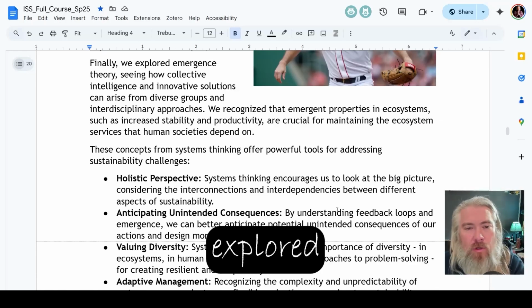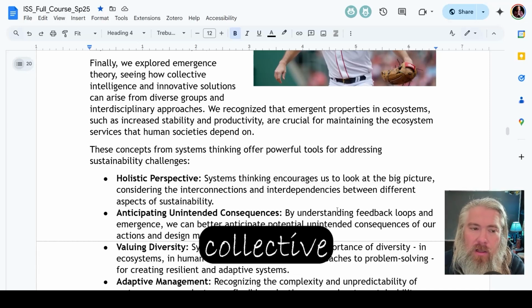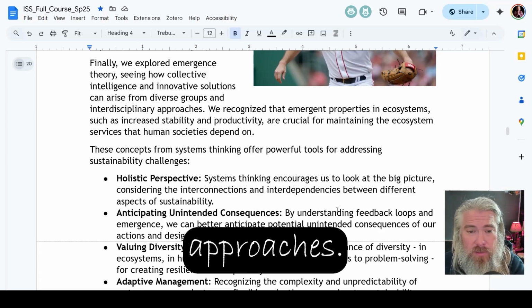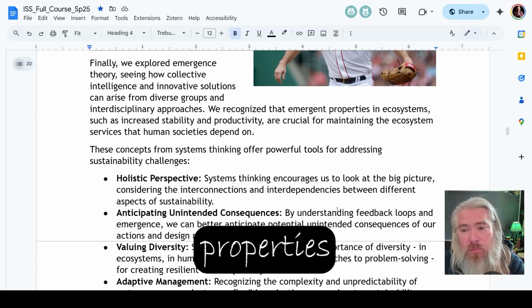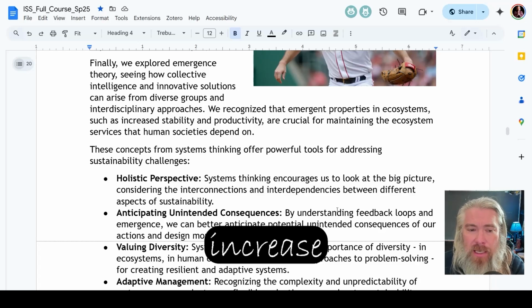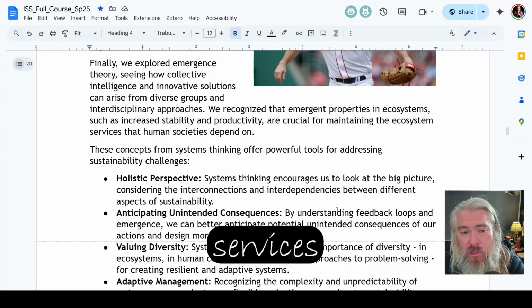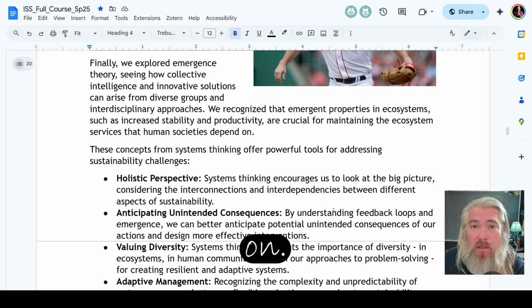Finally, we explored emergence theory, seeing how collective intelligence and innovative solutions can arise from diverse groups and interdisciplinary approaches. We recognize that emergent properties in ecosystems, such as increased stability and productivity, are crucial for maintaining the ecosystem services that human societies depend on.